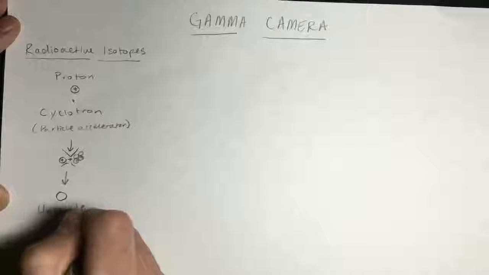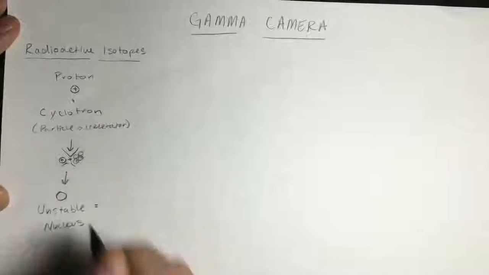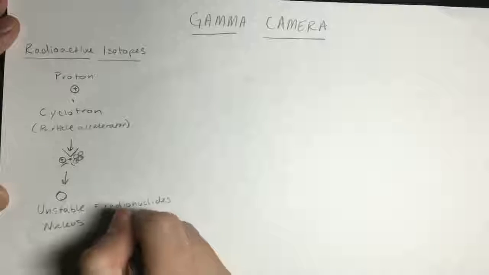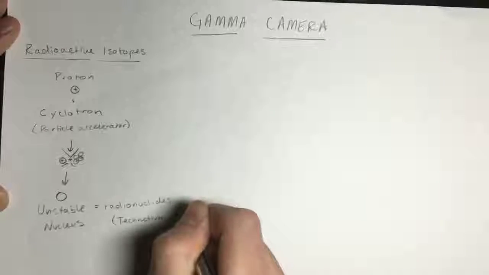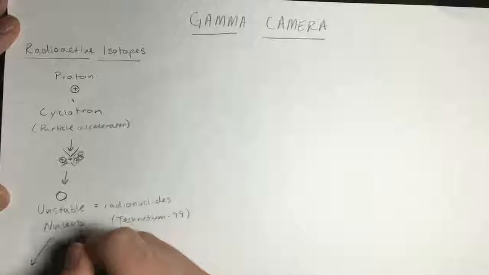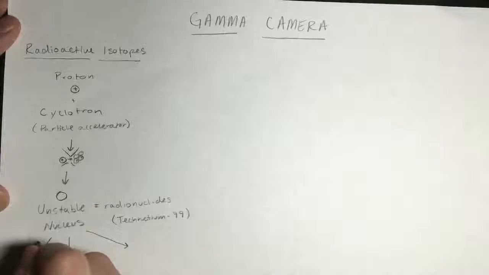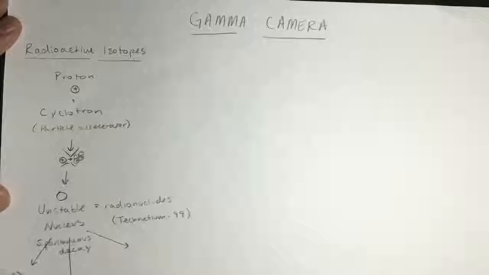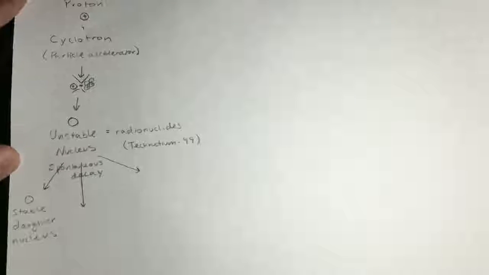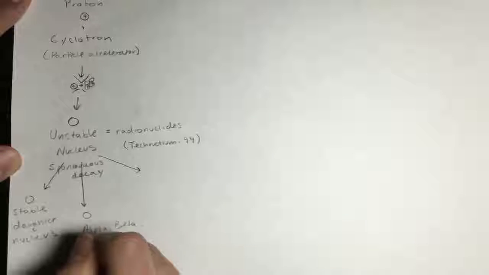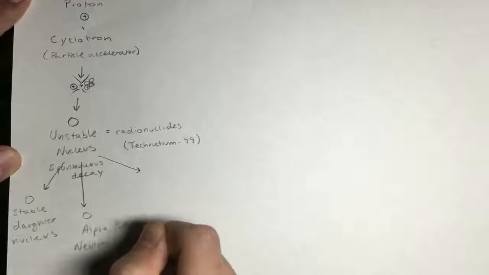Usually it's technetium-99. This undergoes spontaneous decay, producing a stable daughter nucleus, along with beta, alpha, and neutron particles that are absorbed by the body.